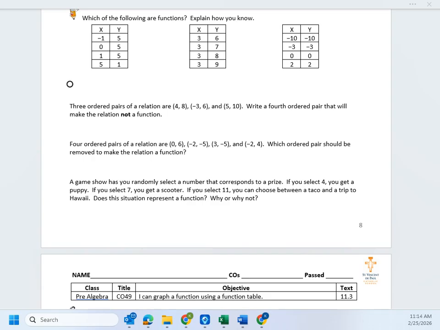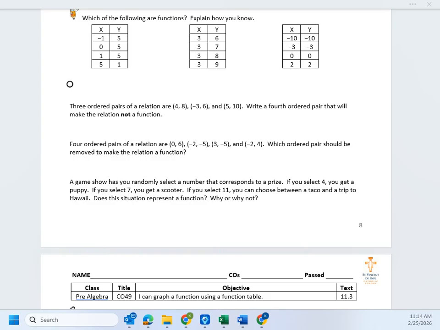If you select 4, you get a puppy. If you select 7, you get a scooter. If you select 11, you can choose between a taco and a trip to Hawaii. Does this situation represent a function? Why or why not? So you have to think it through.